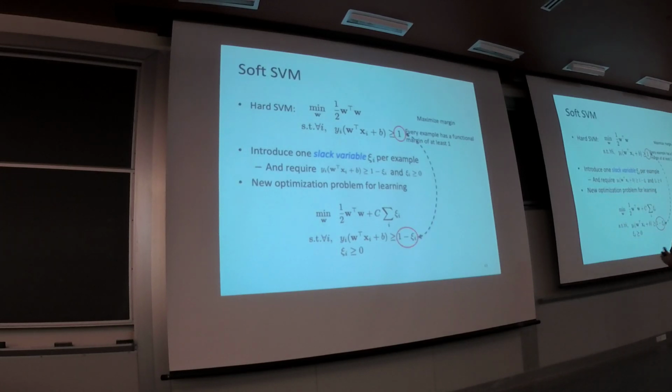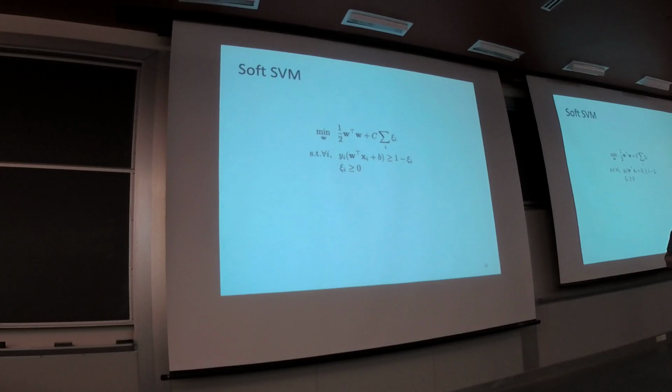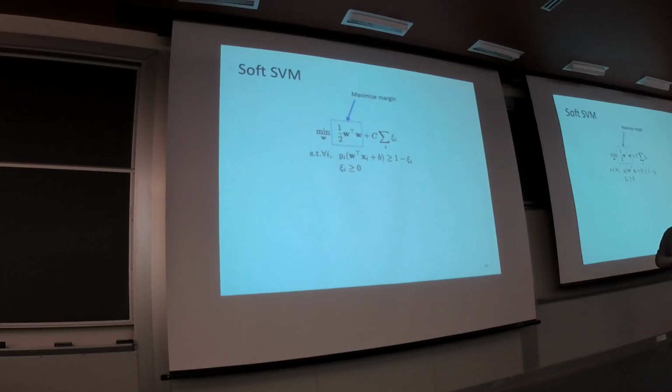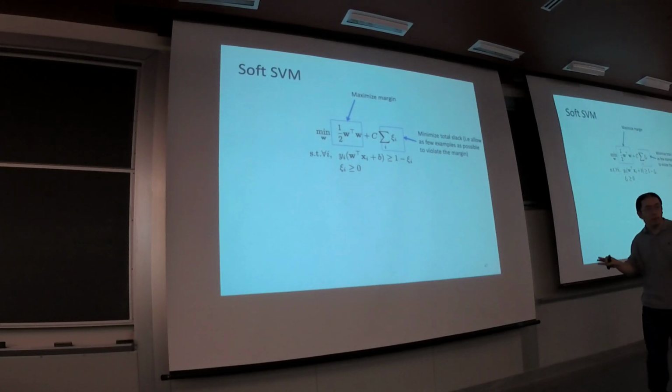Okay. Right. So the major difference between hard SVM and soft SVM, and let me emphasize the meaning of this whole soft SVM formulation again. In the cost function, we have two components. The first component is half of the square norm, which is half multiplying the inner product between W and W. And then there's another component, which is the summation of all the slack variables.